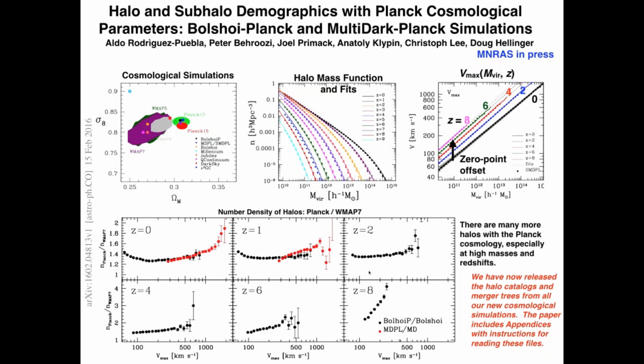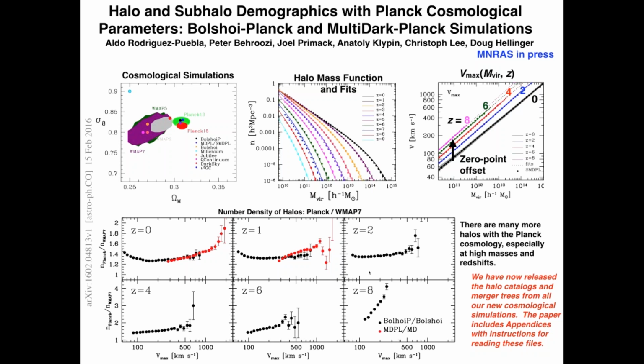The larger regions are the error boxes from the different releases of data. The 5-year WMAP release, the 7-year WMAP release, the 9-year WMAP release, then the 2013 Planck release, the first data release from Planck, and then the more recent 2015 one in red.